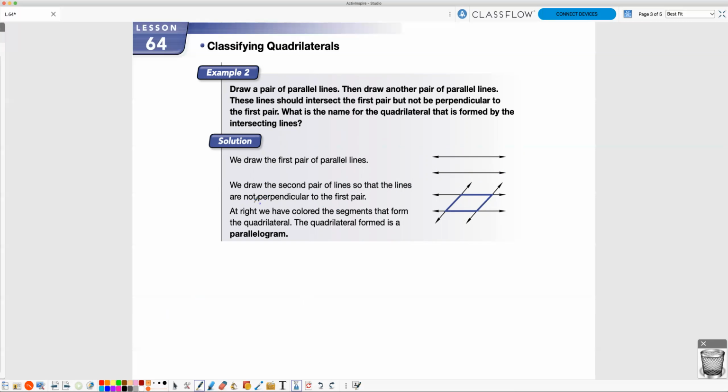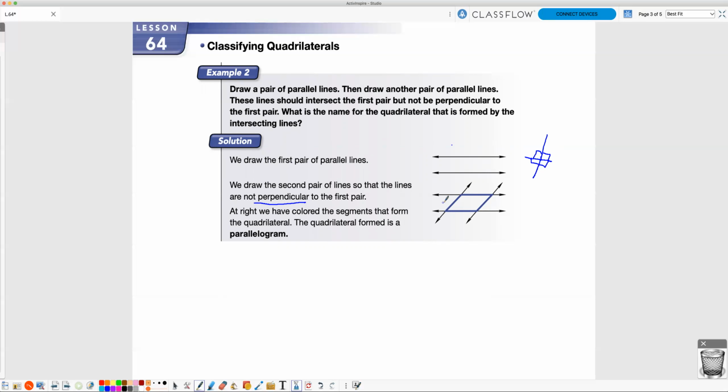Perpendicular, if you don't remember, means it is a 90-degree angle. If those lines intersect at a 90-degree angle, that's a perpendicular intersection.